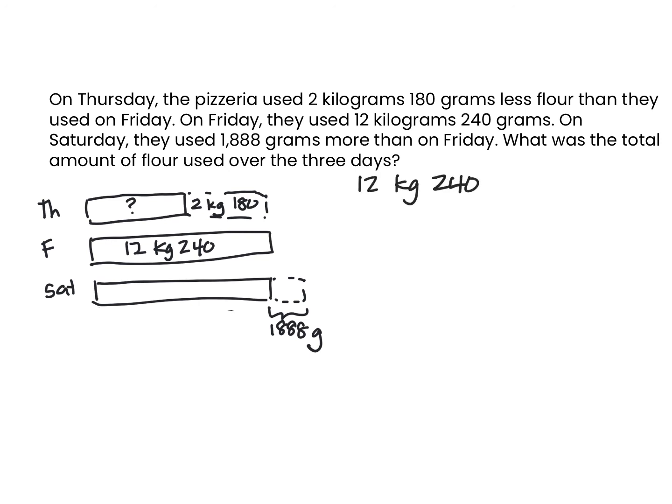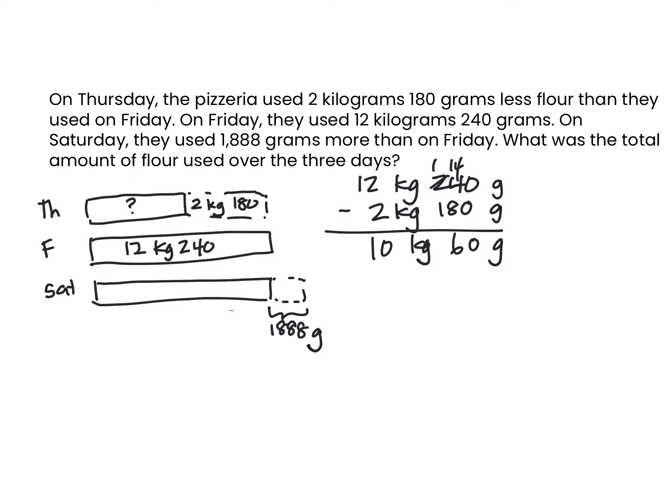And we're going to subtract the 2 kilograms, 180 grams, and that will give us Thursday's total, okay? So we're going to regroup here. 14 minus 8 is 6, and our 1s are going to go out. And 12 minus 2 is 10. So we've got 10 kilograms, 60 grams for Thursday.